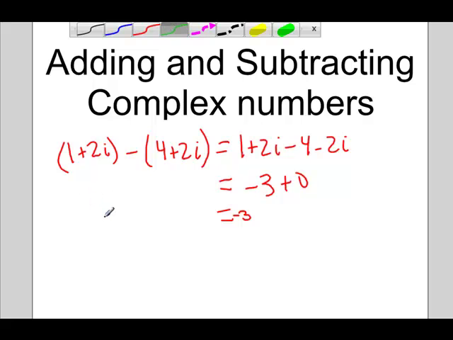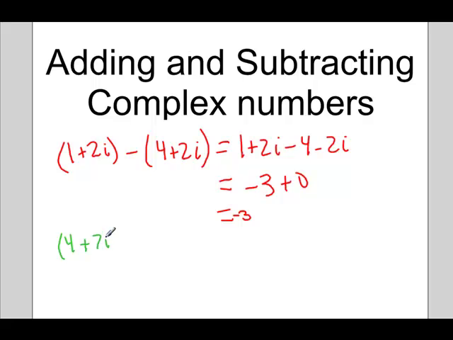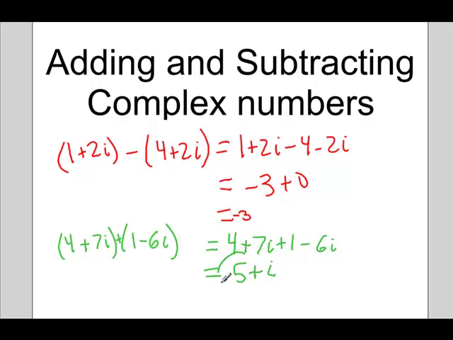Say we have 4 plus 7i plus 1 minus 6i. Well, that's going to be 4 plus 7i plus 1 minus 6i, which is 4 plus 1 is 5. 7i minus 6i is just i.